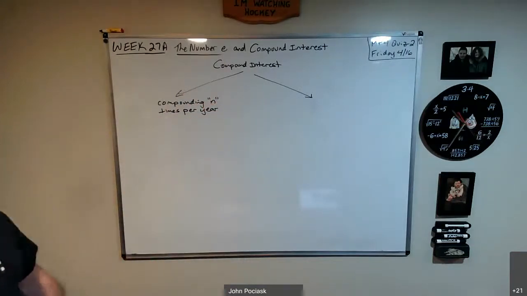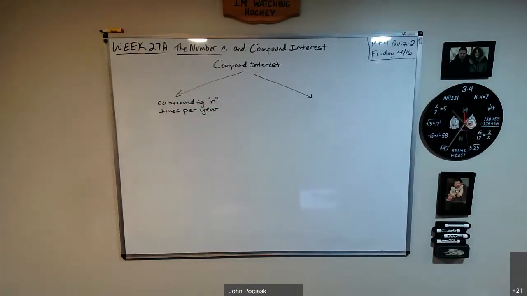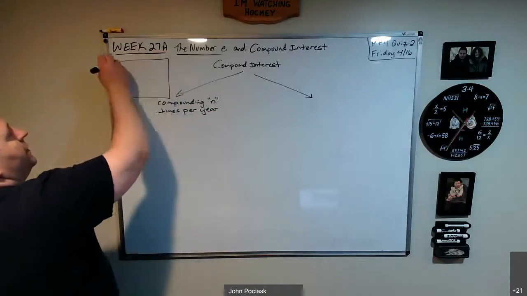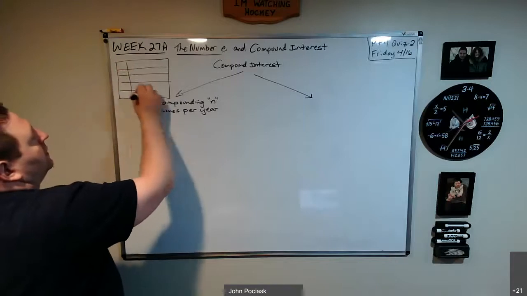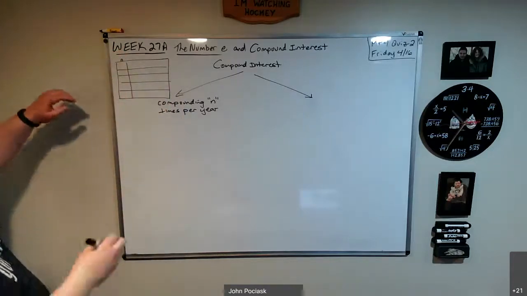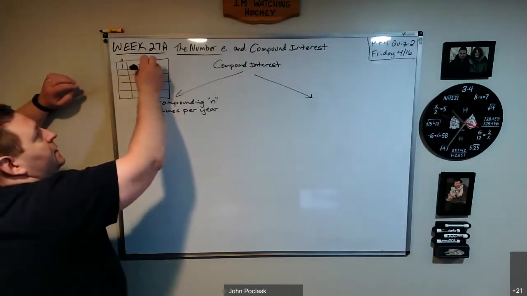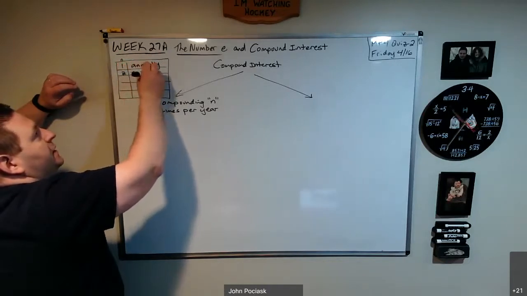So when you open an account with the bank, they'll tell you, oh, well, we compound it annually or quarterly, things like that. I guess we can write up here the common ones in case you're not familiar. For n, okay? So 1 time per year would be annually. 2 times per year would be semi-annually.